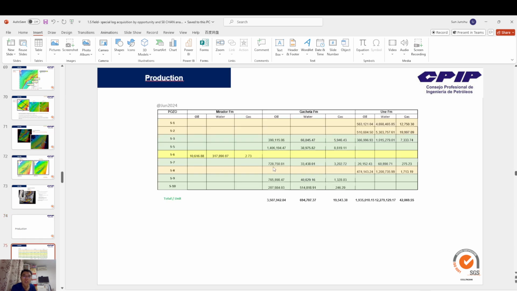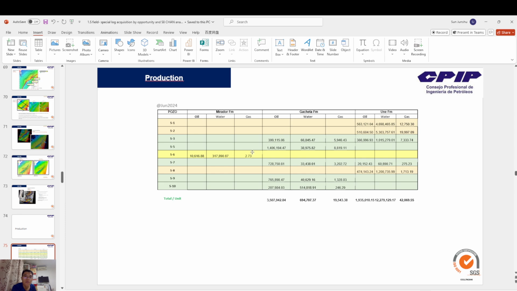Production. S1, the total production 563,000. S2, 510,000 barrels oil. S3, 366 million barrels.